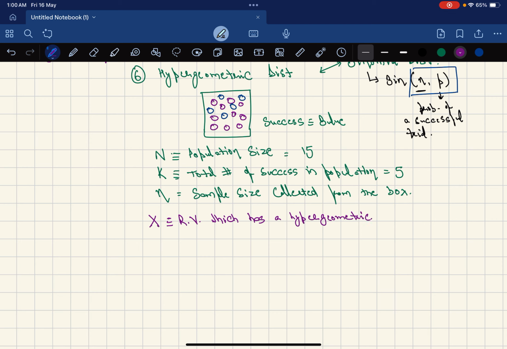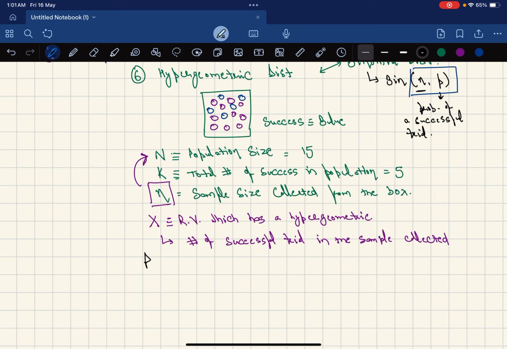What we mean by hypergeometric distribution is the number of successful trials in the sample collected. Now we are taking out a sample of size small n here. This is the sample size, small n, and we are taking it out from a capital N population size in this case.